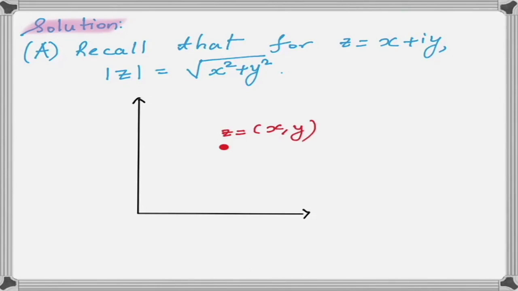Then what does this modulus of z represent? This is nothing but the length of the line joining the origin with the point z. So in other words, if you call this point A, then the modulus of z is equal to the length of AO.